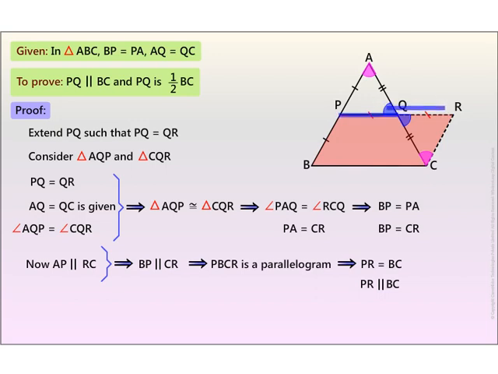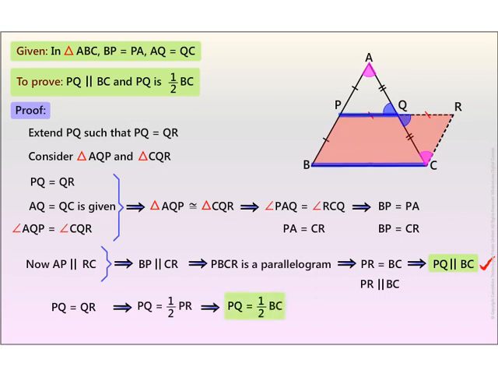Now, PQ is a part of PR, so this implies that PQ is parallel to BC. Since PQ is equal to QR, this implies that PQ is half of PR, which further implies that PQ is half of BC as PR is equal to BC.